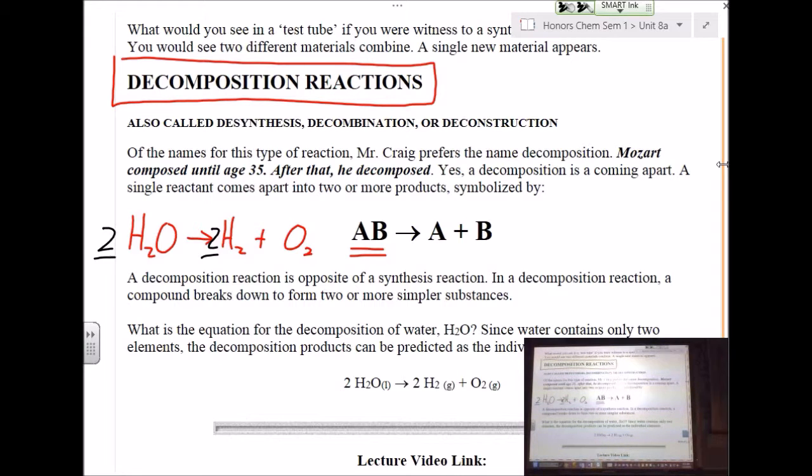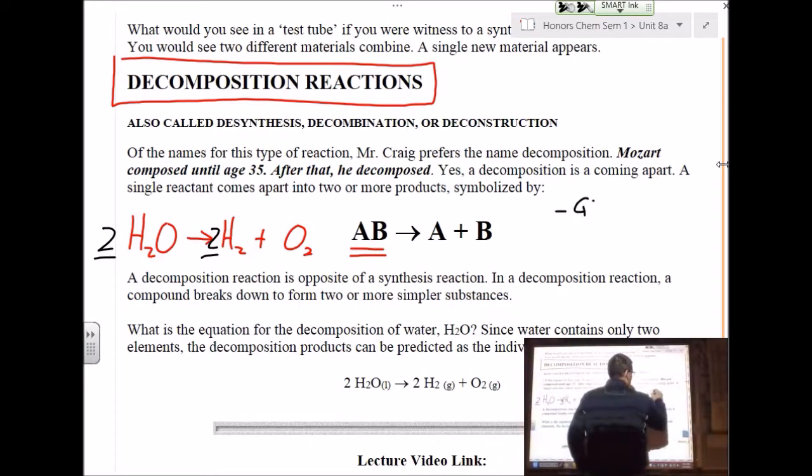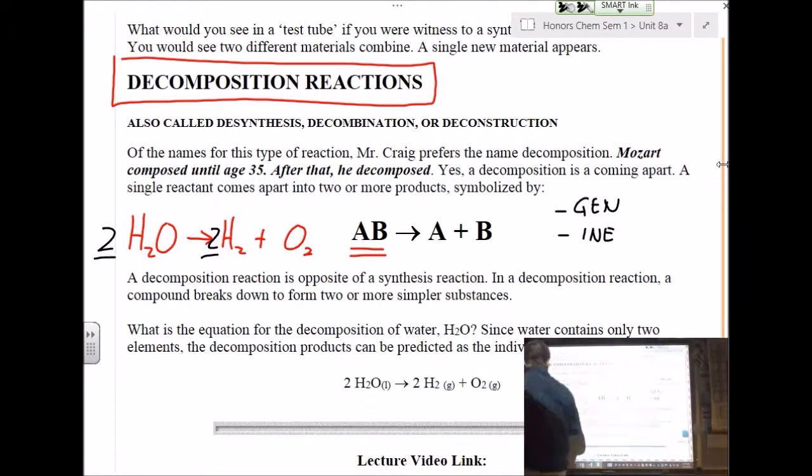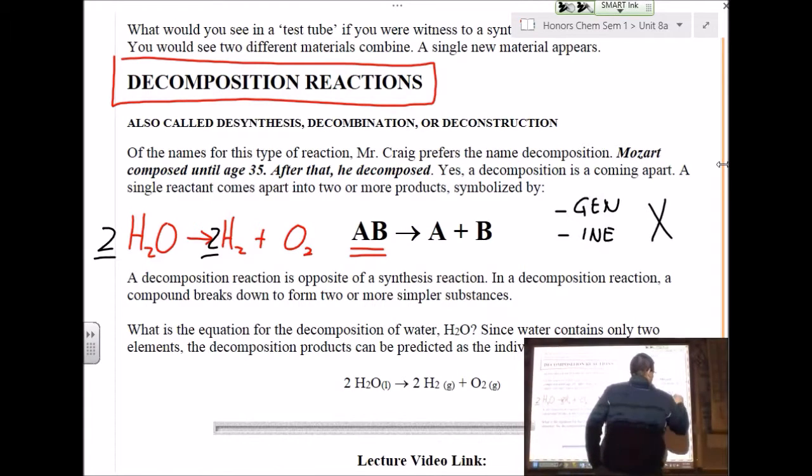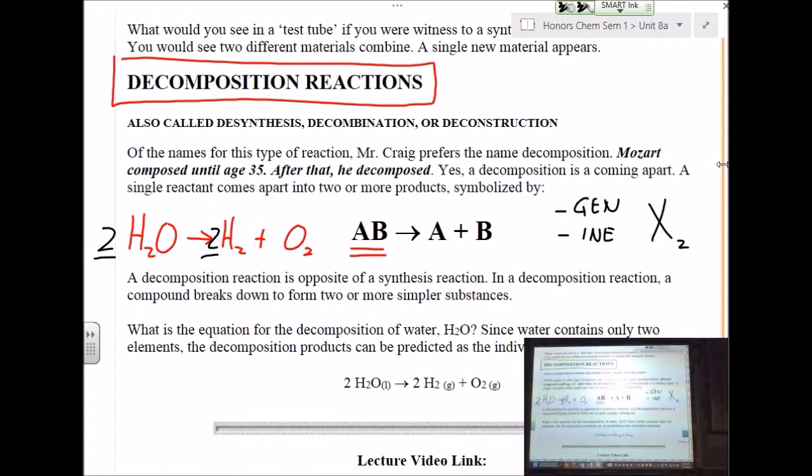Go ahead. What? Now we're going to do some examples. I put the 2 here because it ends in gen. If it ends in gen or ine, it should be diatomic. Okay.